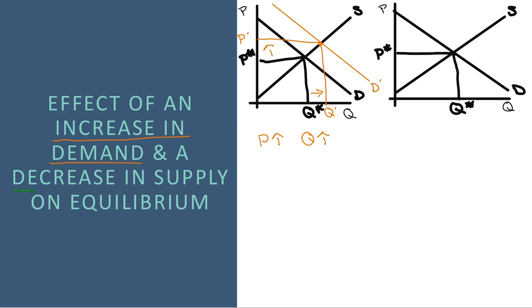We're going to have a decrease in supply. So that means supply shifts to the left. So we care about the new equilibrium point. We have a new P, a new Q. Price went up, quantity went down.